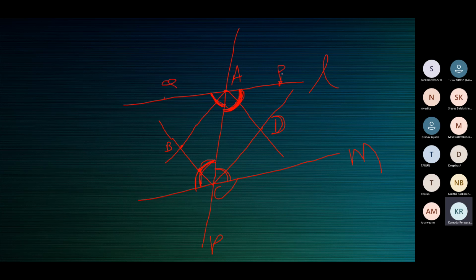Only then can I name this angle, angle PAC. We need to take points like this in order to name the angles. So if I mark this on L, if I call this P, then this is angle PAC. And here, if I take a point like R, it is equal to RCA.